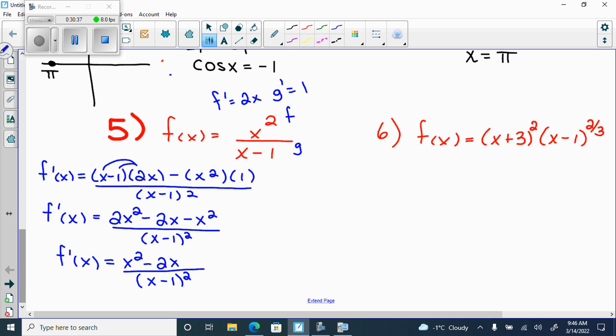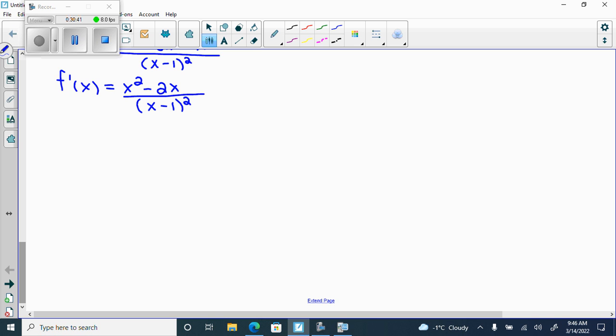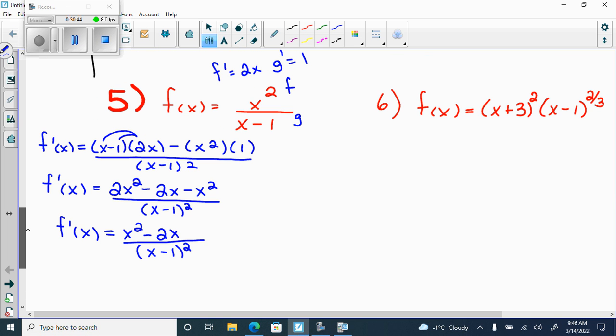So they do not want you doing logarithmic differentiation if it's that divided by that. They want you to do quotient rule. I meant if it was over something ugly, like if it was that on the top and then something else. That's different. That's logarithmic.